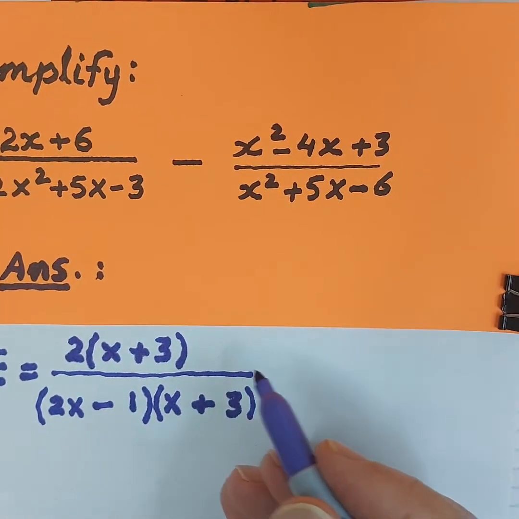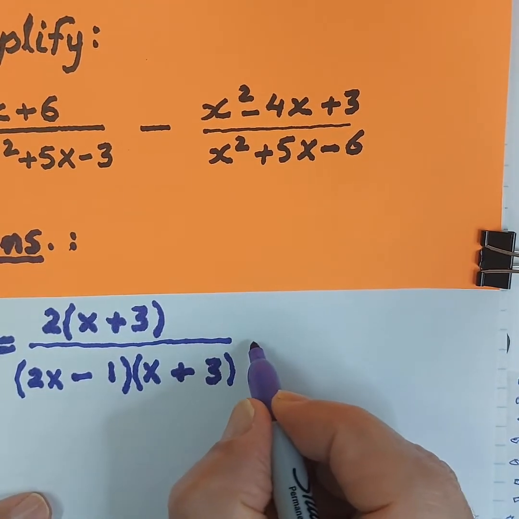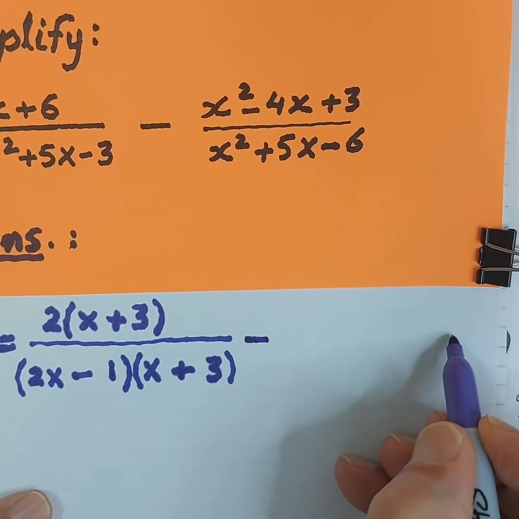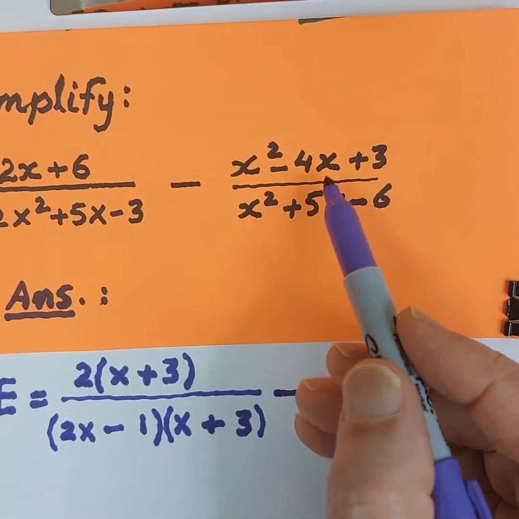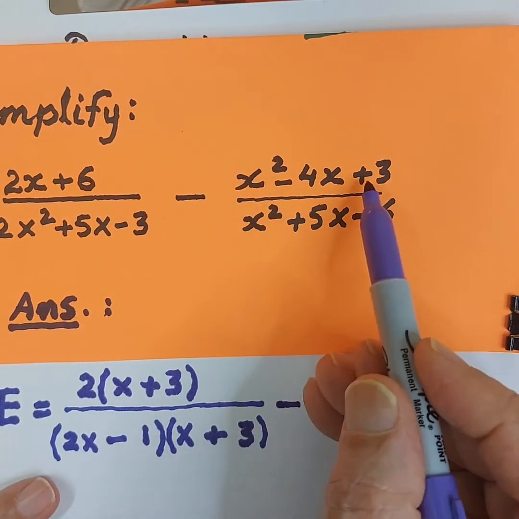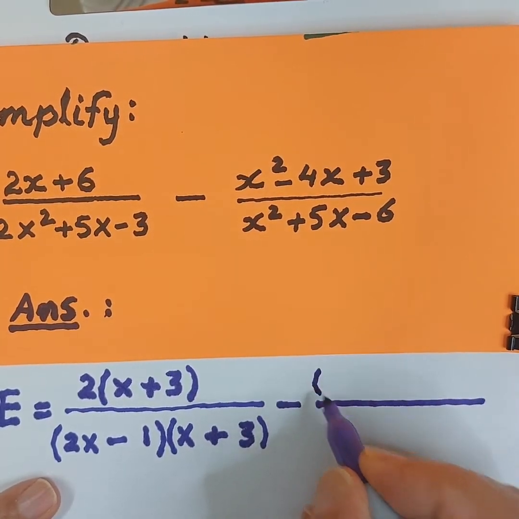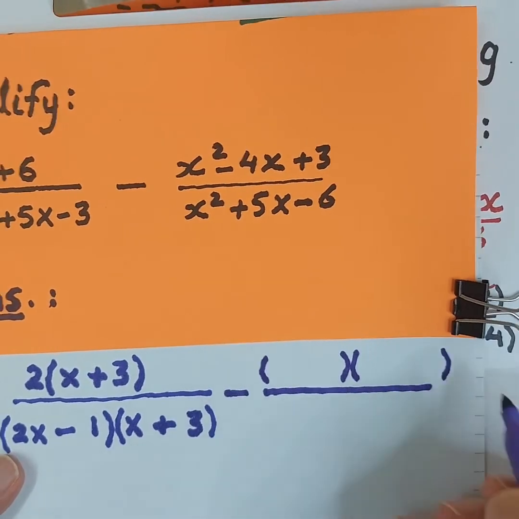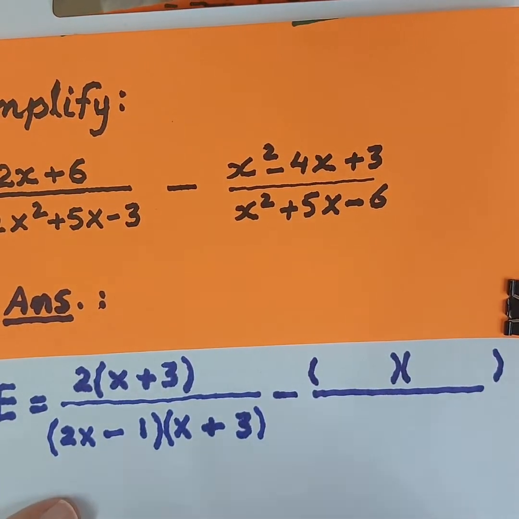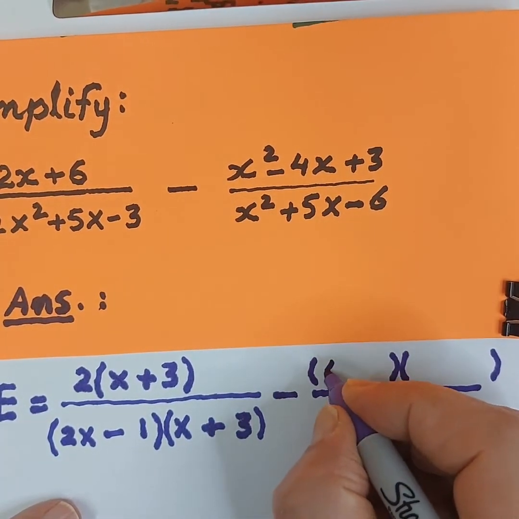Next quantity here, we write minus, then make also a fraction line. The numerator will be factorized also to brackets by brackets. X squared will be x by x.